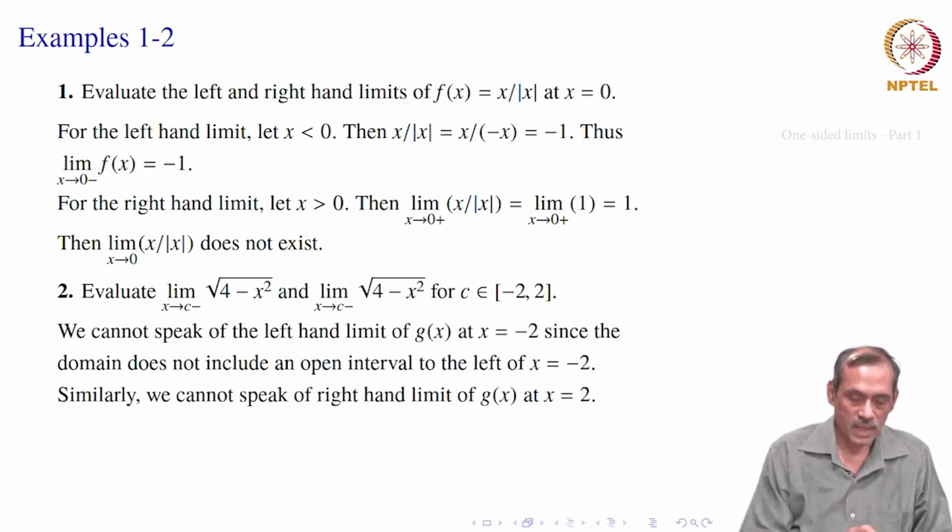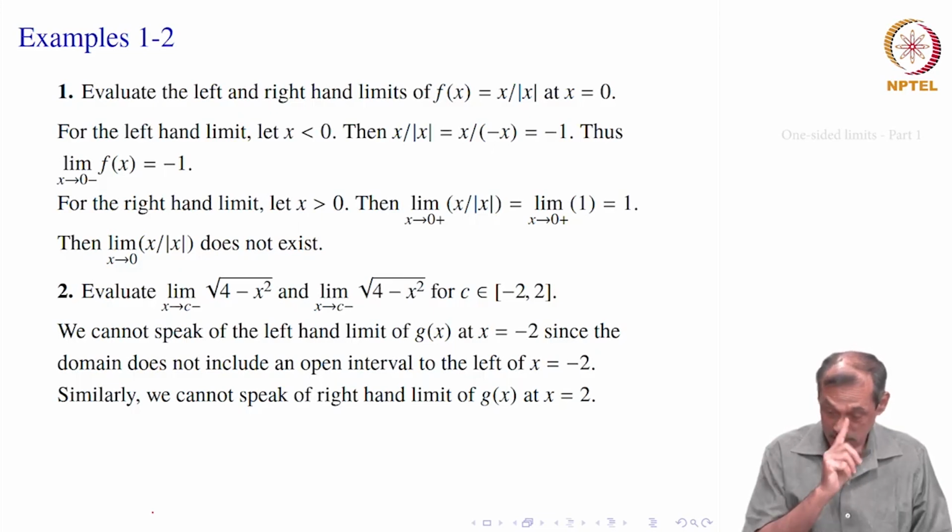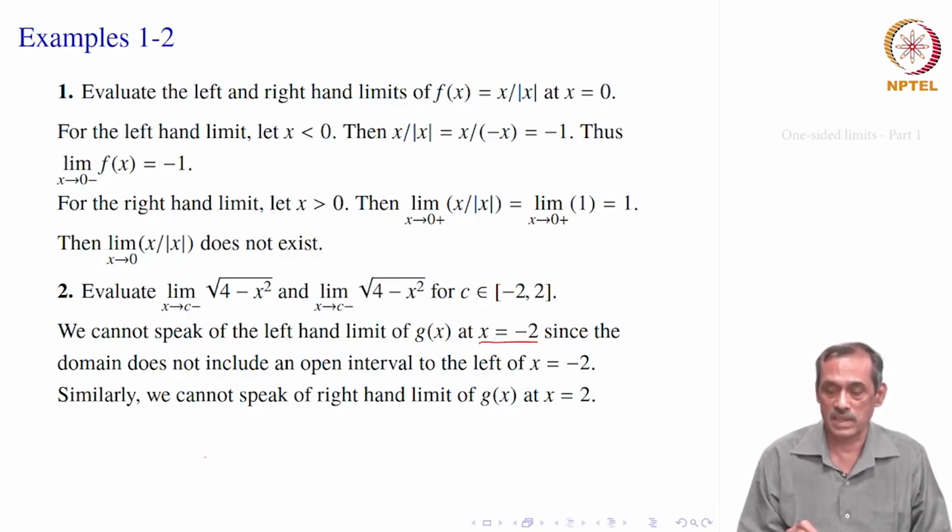Okay, let us see. So, here at x equal to minus 2, we are defining 4 minus x square as the function. So, 4 minus x square must be greater than or equal to 0, that is x square must be less than or equal to 4. So, x must be lying between minus 2 to 2, that is the domain of the function. So, now at x equal to minus 2 for the left side limit, we need a neighborhood of the form minus 2 minus delta to minus 2.